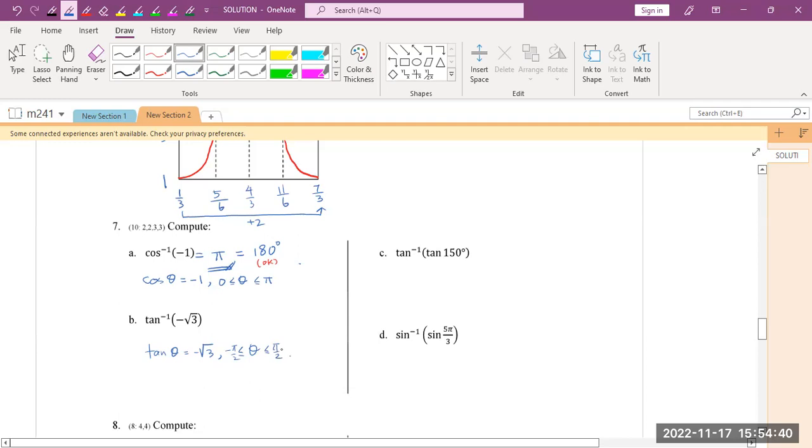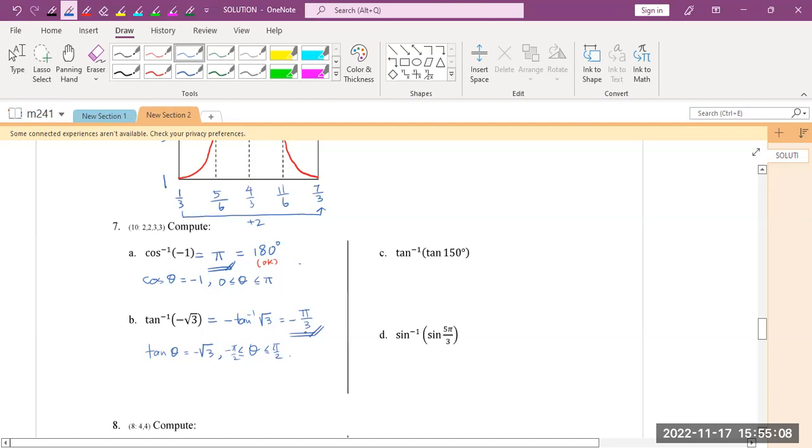We can actually use the fact that tangent inverse is an odd function, just like tangent is an odd function. So tangent inverse of a negative equals the negative of tangent inverse. I think that is actually better, right? Now tangent inverse of radical 3 is pi over 3. So in total, the answer for this is negative pi over 3.